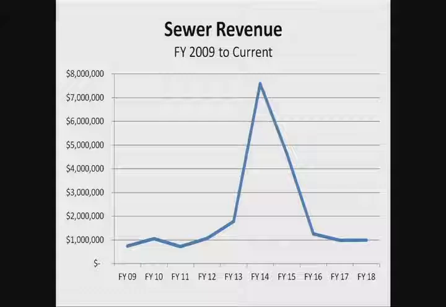The 80,000 that's on that line item is the budgeted amount for the residual fertilizer storage agreement. So with that included in our revenues, our budgeted revenues are a little over $1 million for our sewer fund. So that's... Can I ask a question? Sure.